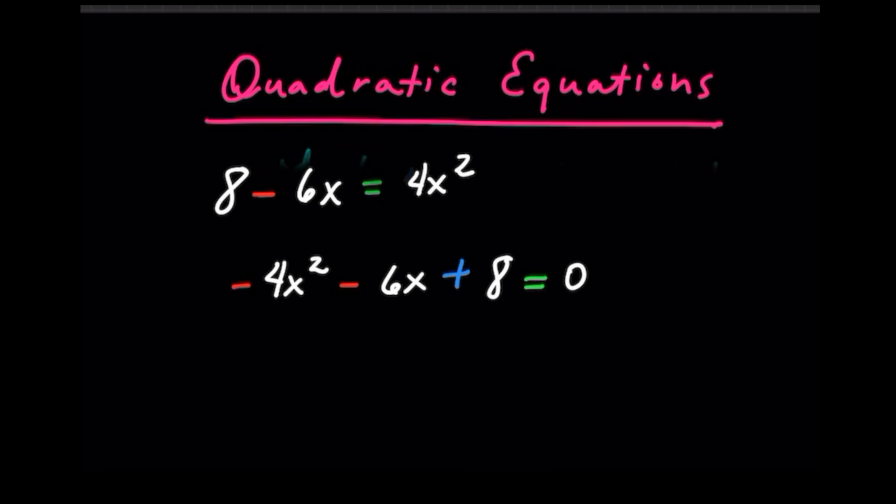So we start with our x squared component and then go to our just x and then our number without a variable there. So that is actually standard form, and that is how we're going to look at it before we solve a quadratic equation.